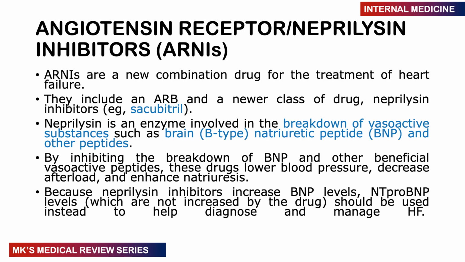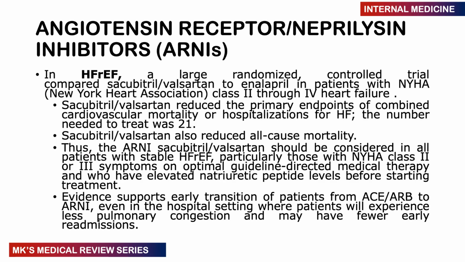So when they inhibit the breakdown of the BNP, it means that these vasoactive substances remain in the blood and they can lower the blood pressure, they can decrease the afterload, and they will enhance natriuresis, the loss of sodium in the urine. So that's why these can be good to add to patients' regimens.